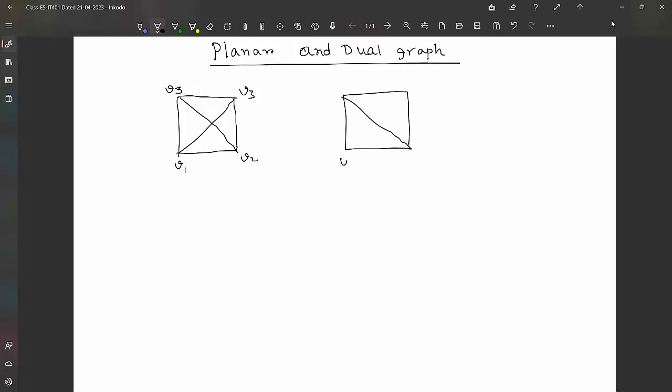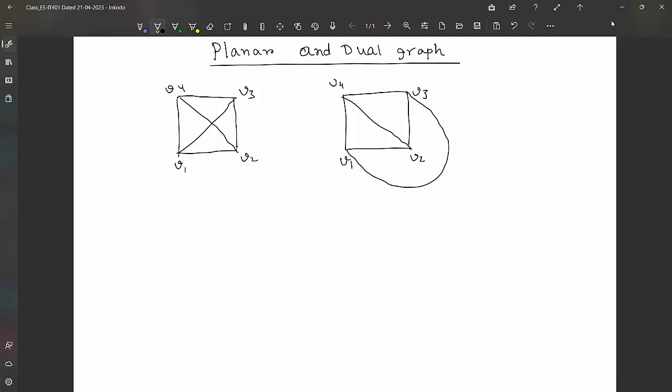Suppose this is V1, this is V2 and this is V3, and this is V4, and you can connect V1 and V2 also in this way.